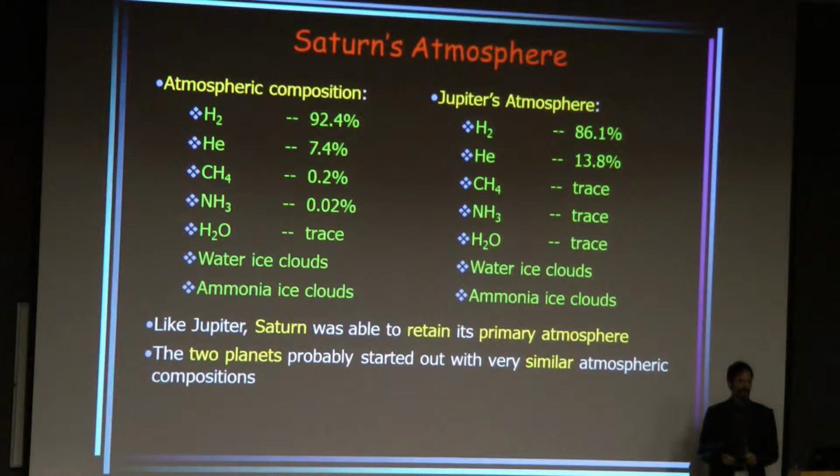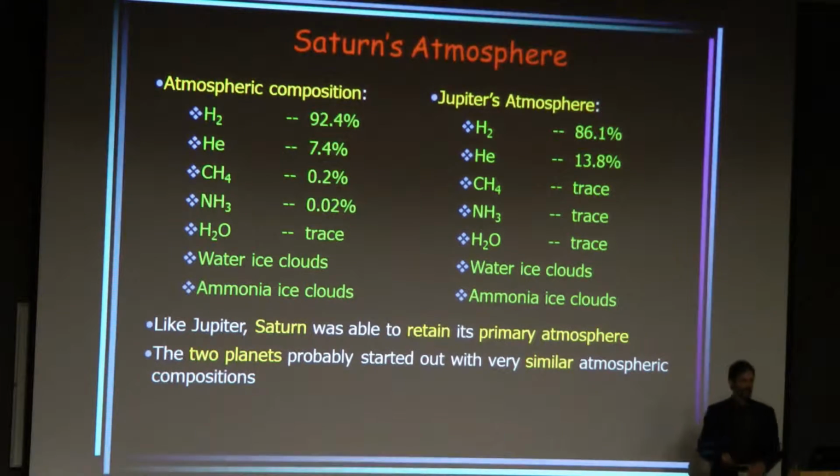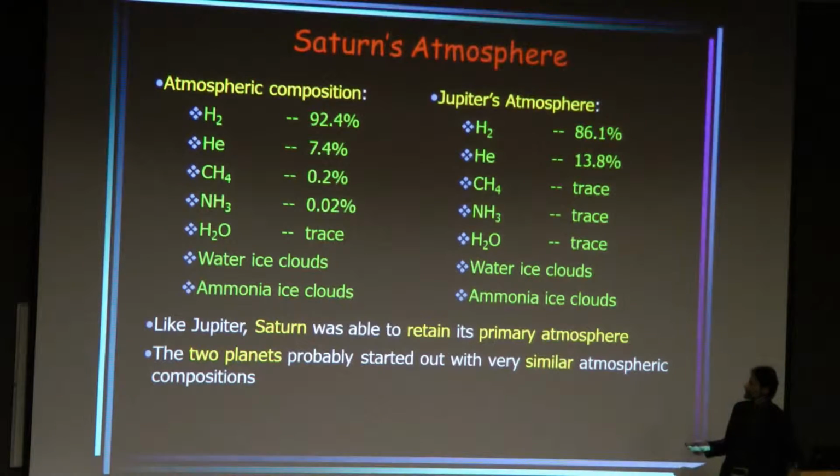So when we look spectroscopically at the cloud tops on Jupiter and Saturn, we don't see the same thing. We actually see a little more hydrogen in the cloud tops of Saturn than we do in the cloud tops of Jupiter. And we see less helium in the cloud tops of Saturn compared to what we see in the case of Jupiter. Most of the trace elements are pretty much the same.